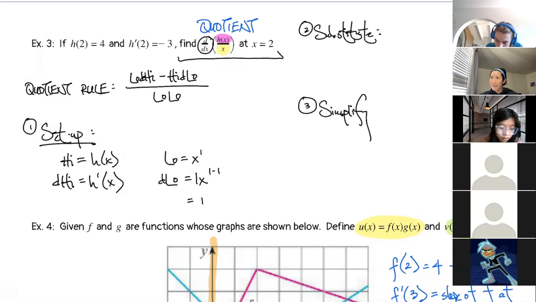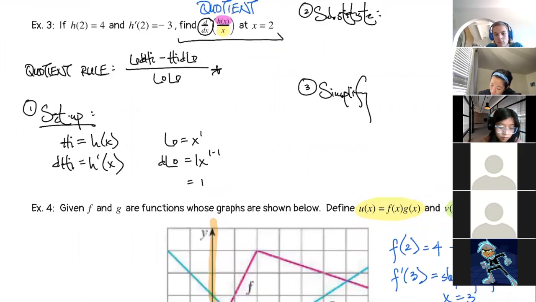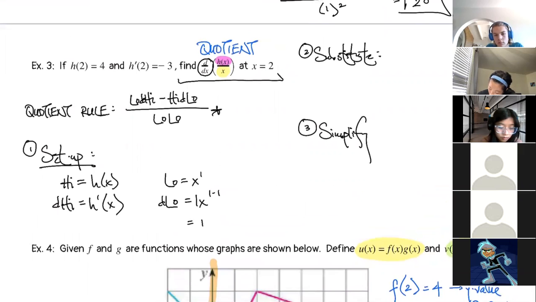Now, after we set up, we substitute. We're going to substitute into our quotient rule. So I'm going to get low, which is x, d high, h prime of x.